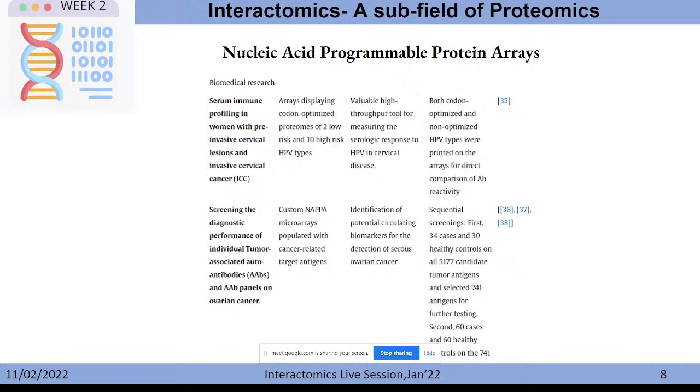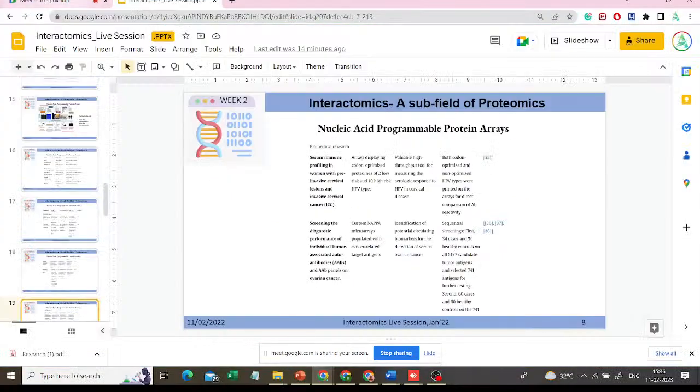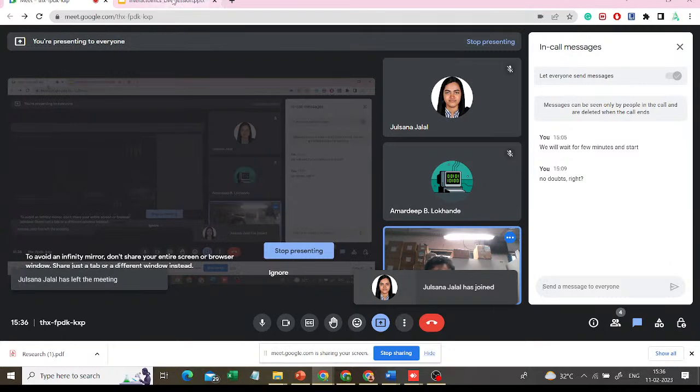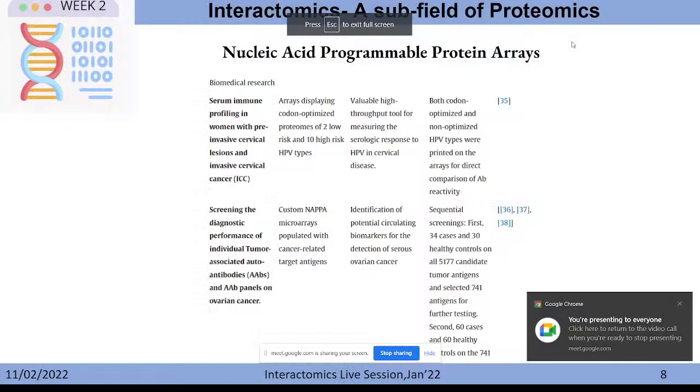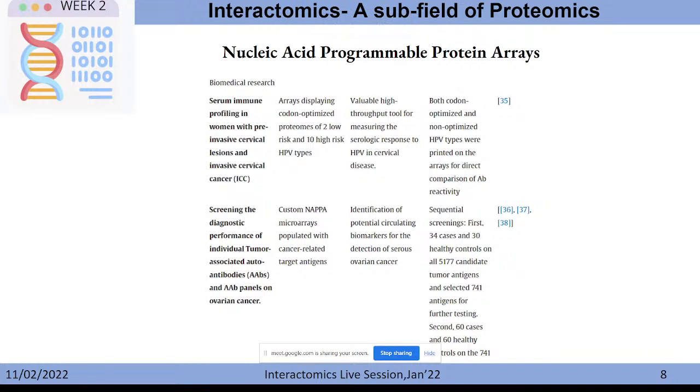What they have done is that they had taken the human papillomavirus proteomes, their gene clones, and expressed those with two low risk and 10 high risk HPV types, and then they tried to identify the serologic response, the serum response, against the HPVs of both low risk and high risk, and how it is occurring.